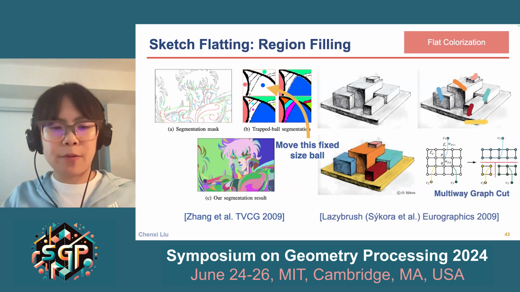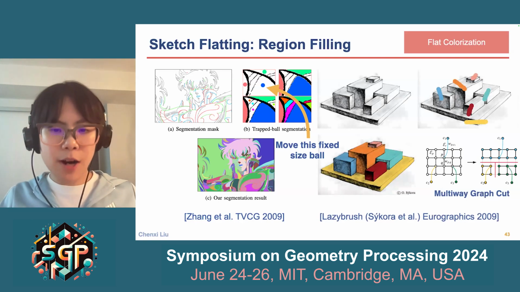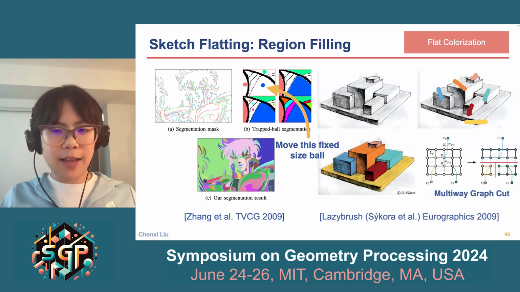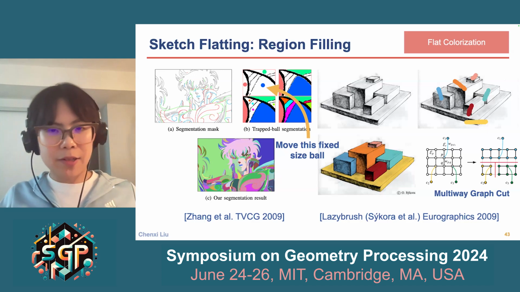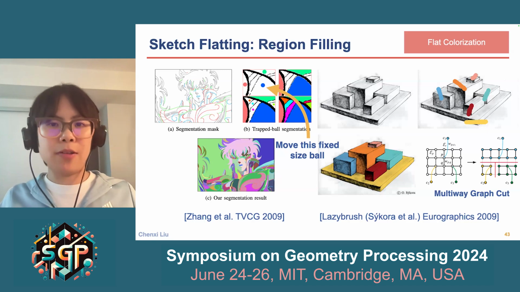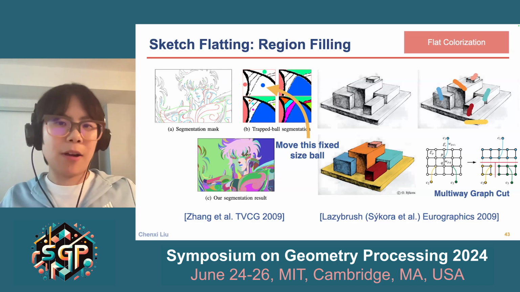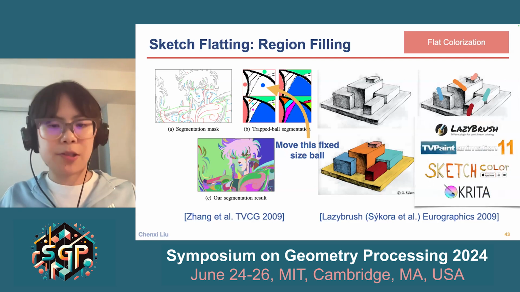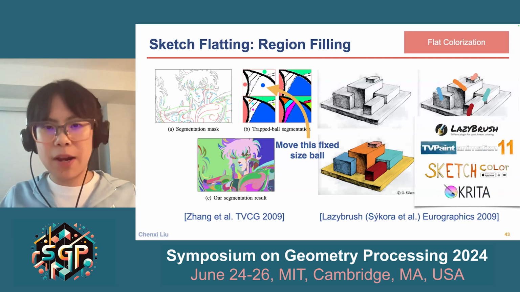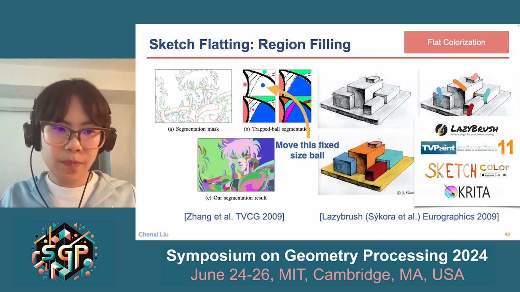Another classic method from the same period is called LazyBrush, which uses the classic multi-way graph cut segmentation. The interaction is that the artist can put down some color scribbles and the method would automatically figure out the correct region to fill in. This is the method used in many commercial software, such as TVPaint and Krita mentioned before.